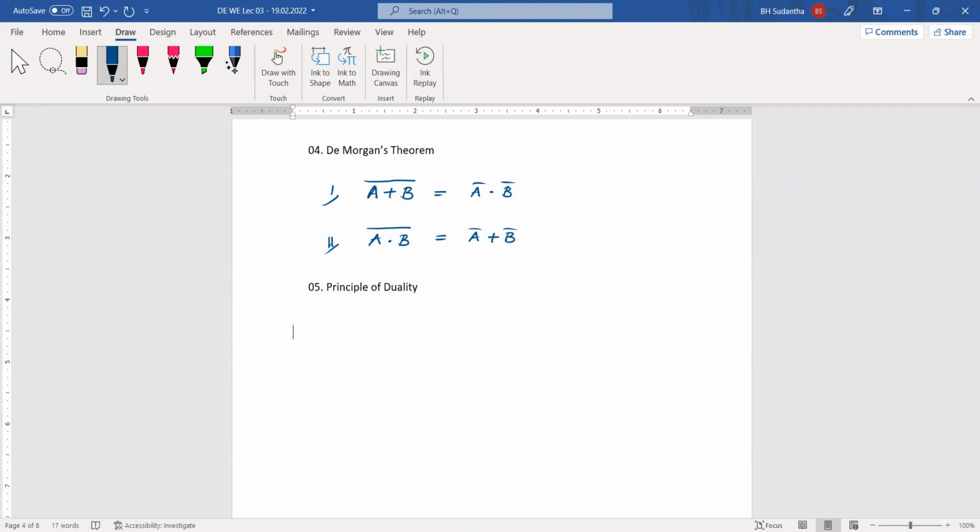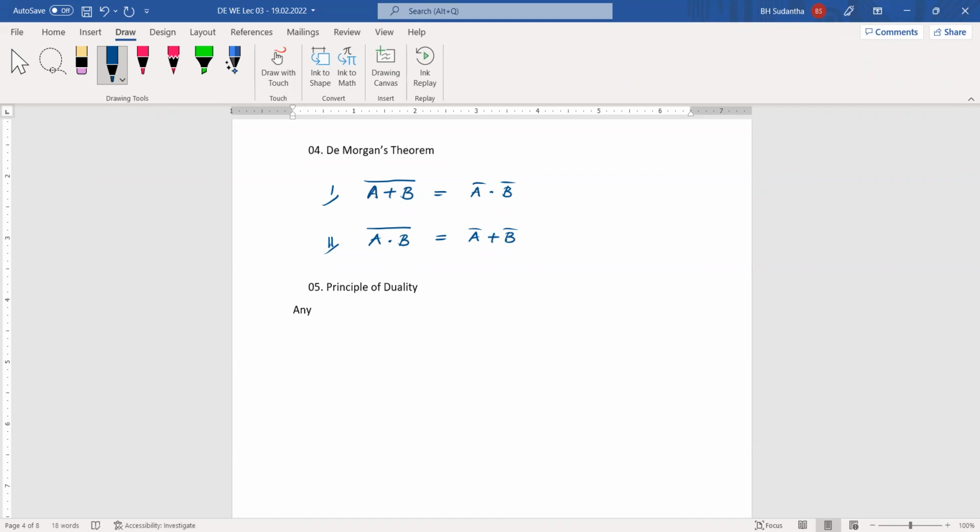To obtain the second face of that relationship or theorem, replace all dots by plus, plus by dot, that means OR by AND and AND by OR, and 0 by 1 and 1 by 0. Shall we write this one? Then you can understand it well.